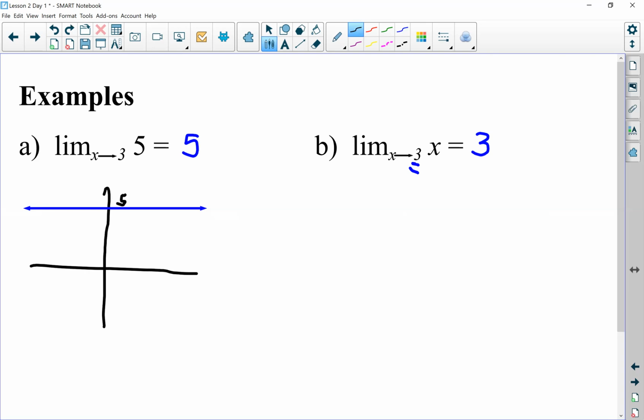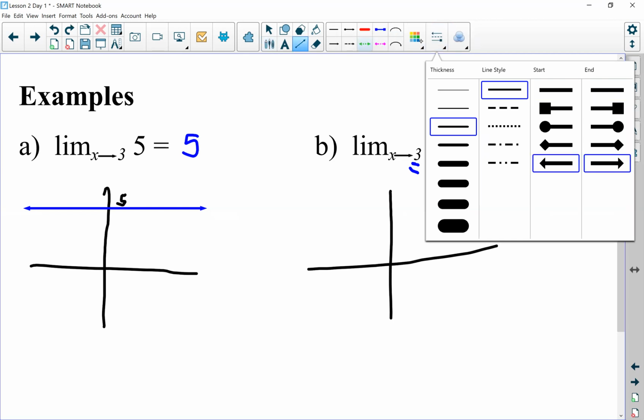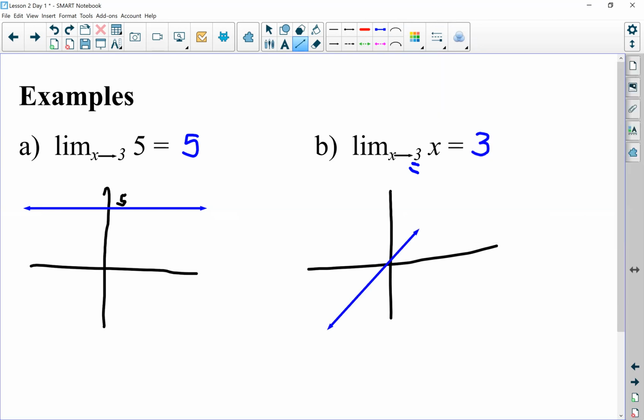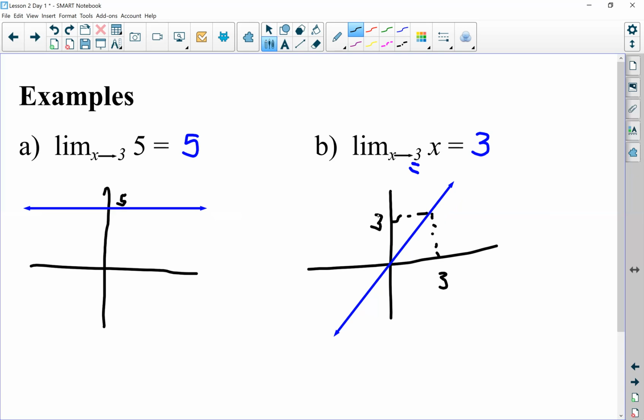And this one would just be our line y equals x. And so on this one, if we're starting at 3, or as we approach 3, because y equals x, that's our y value as well.